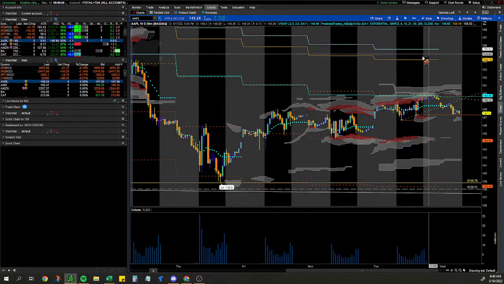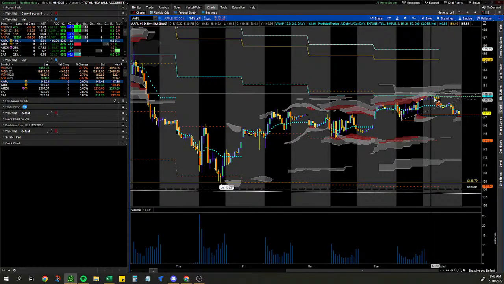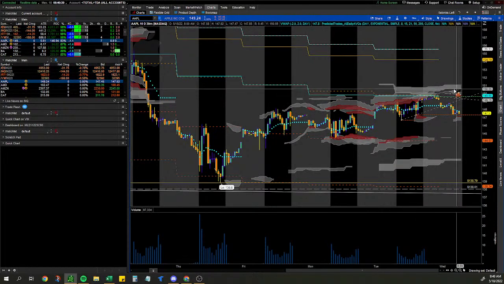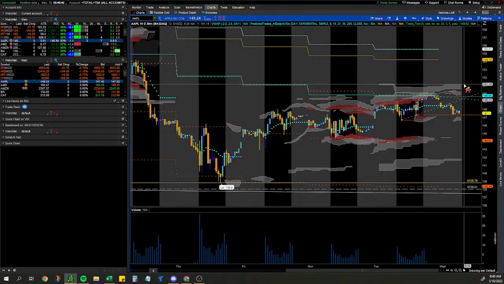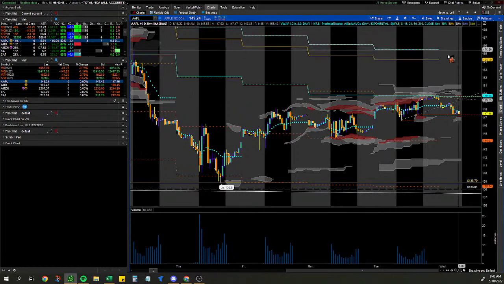The daily 21, which are making a nice zone right around 155. Again, not a coincidence. So, let's see if we can take out this 150, big cycle level, squeeze top, daily 8, get above it, come back and hold it for support to head higher.